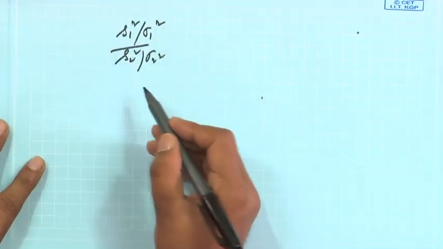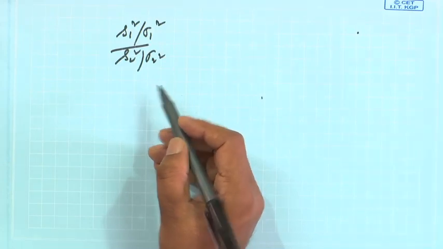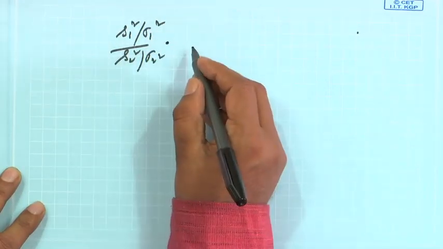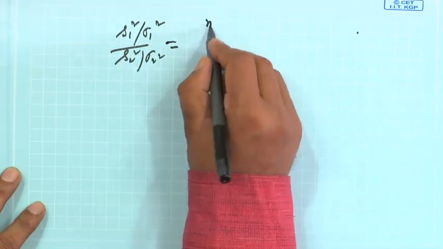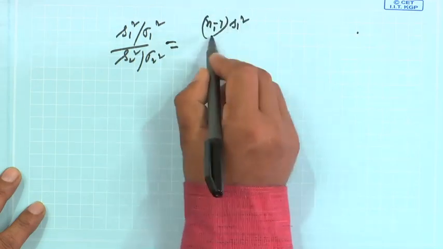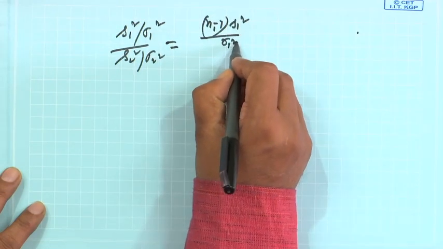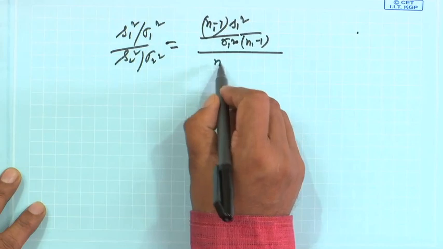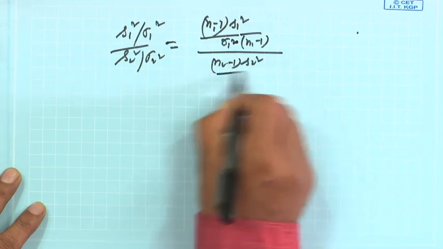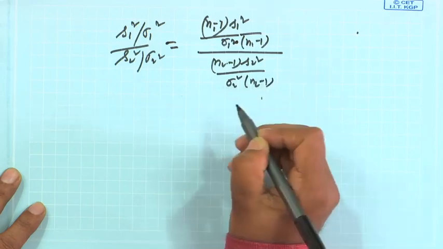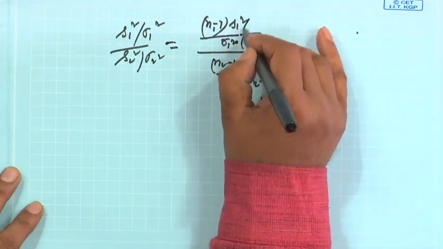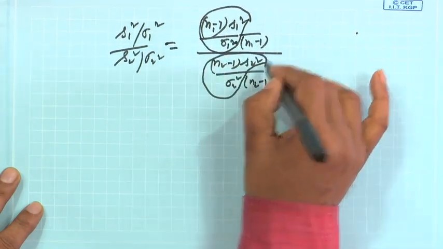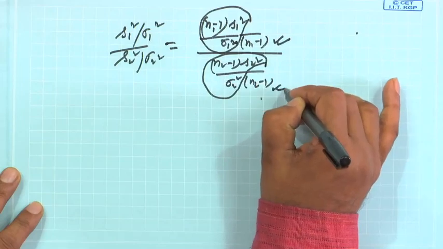This can be written as (N1 minus 1) S1 square by sigma 1 square into 1 divided by (N1 minus 1), over (N2 minus 1) S2 square by sigma 2 square into 1 divided by (N2 minus 1). So each quantity follows a chi-square distribution divided by its respective degrees of freedom.